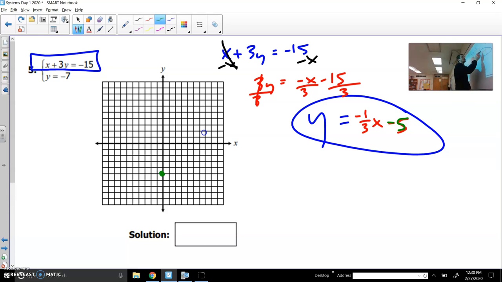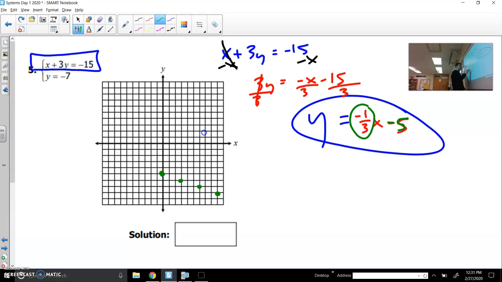Well, now I really want to use that rate of change to determine where other points are, and so this is a negative line. The line should be going down and to the right, and so I'm going to go down 1, right 3, down 1, right 3, and as many times as I can.